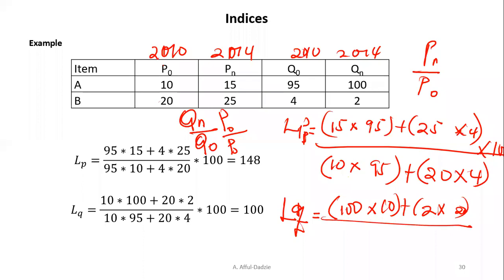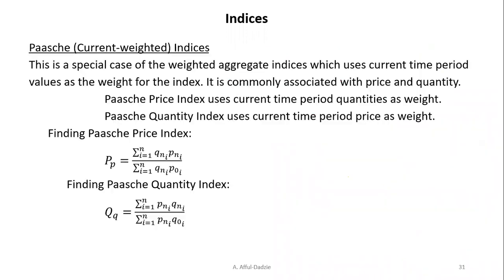Then we divide by quantity naught, which is 95, multiplied by the base price, plus again 4 multiplied by 20. When you're done, you multiply by 100 and it gives you the index. So that is it for the Laspeyres index.